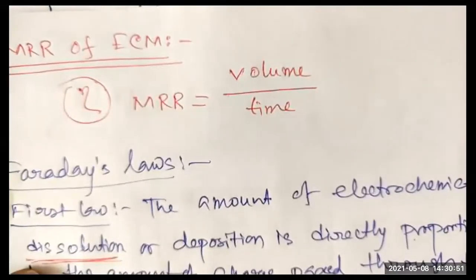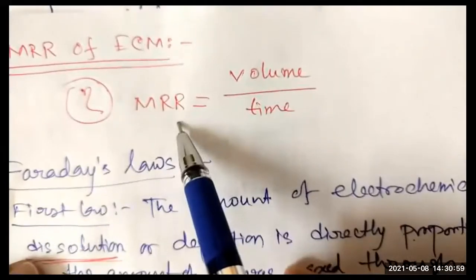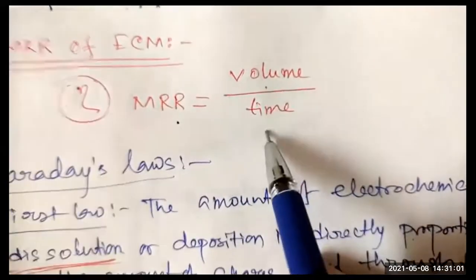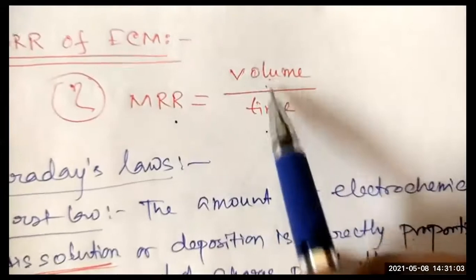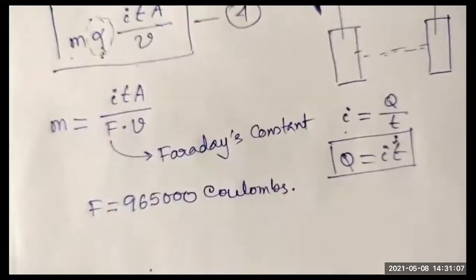Now, in the beginning itself, I said something. Our final goal or ultimate goal is to calculate MRR. And what is MRR? MRR is the ratio between volume and time, or it is the volume per unit time. Okay. Now, few more things also we know.